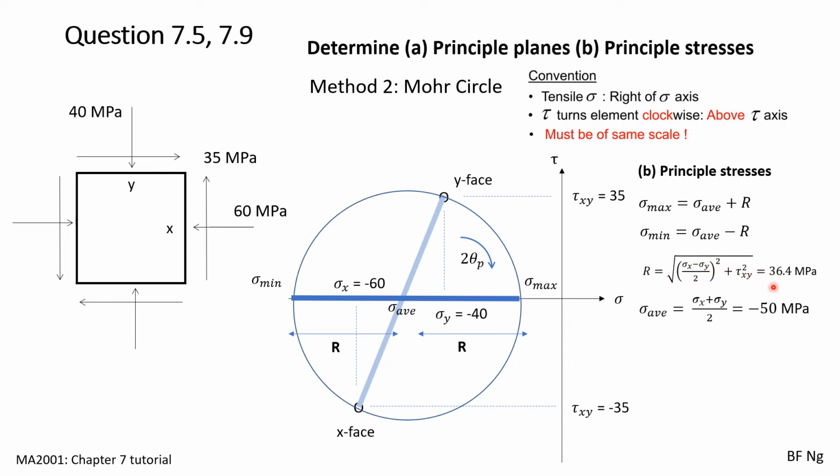You solve for it and you obtain 36.4 megapascal. And sigma average is literally just the average of sigma x and sigma y, which is just negative 50 megapascal. Substitute these two values into your sigma max and sigma min equation, and then you solve it and you obtain these two values.